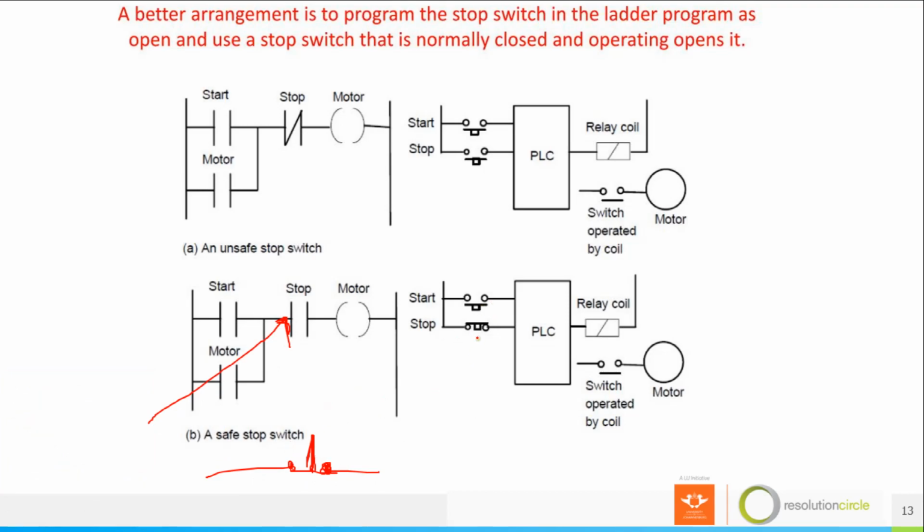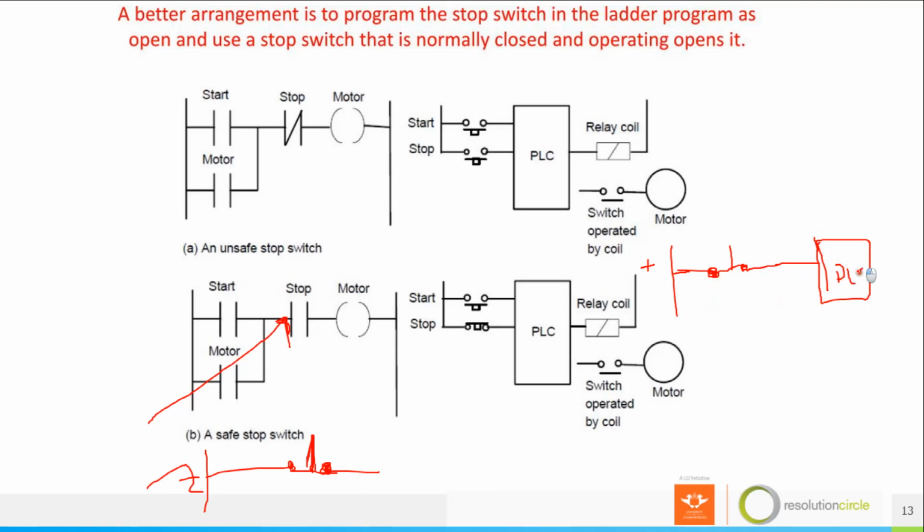Because if anything happens along, let's say here you have your 24 volts. Let me draw it nice. You have your 24 volts positive. Then I have my stop. Then let's say it goes to a function block. Let's say it goes to a PLC.